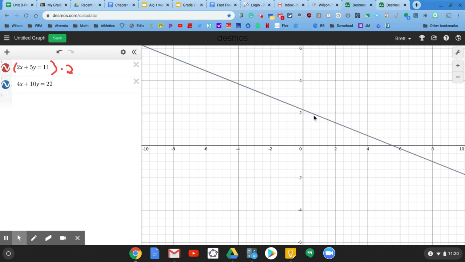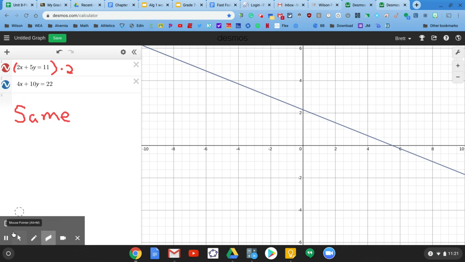If I show this blue line, it's now overlapping and intersecting the red line at every single point. That's what we call a coinciding line, because the lines are exactly the same. So there's your brief little example of coinciding.